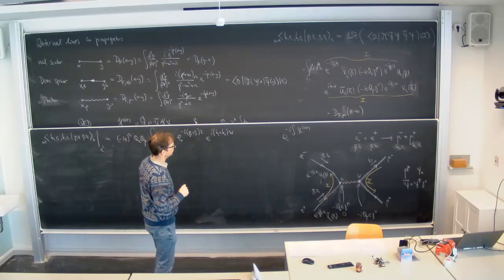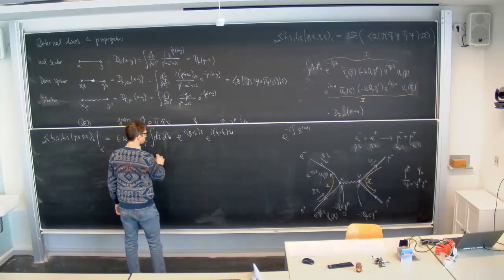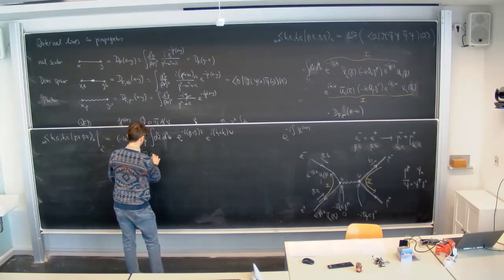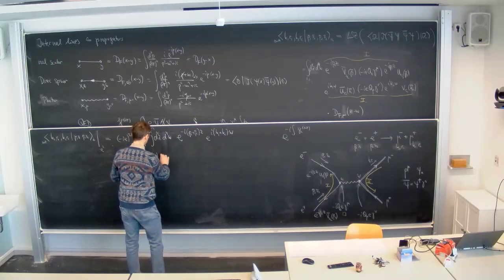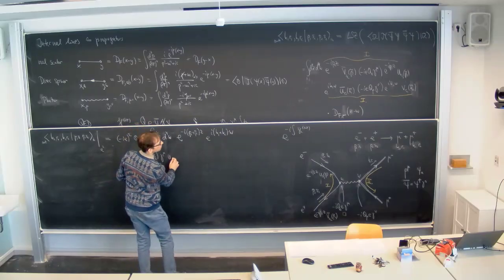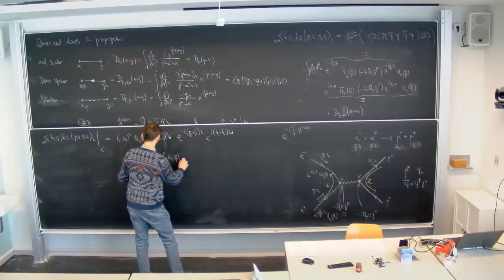Then these spinor things: S2 bar, P2, gamma mu, u, S1 P1.